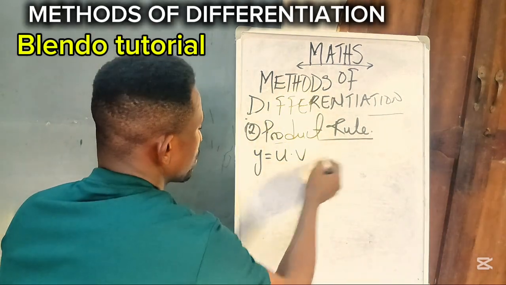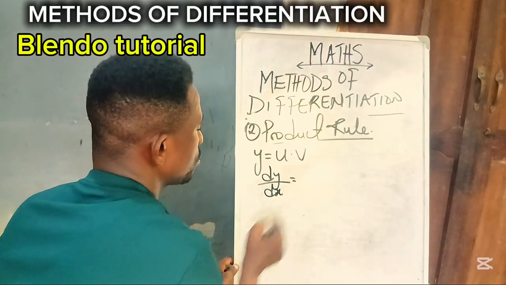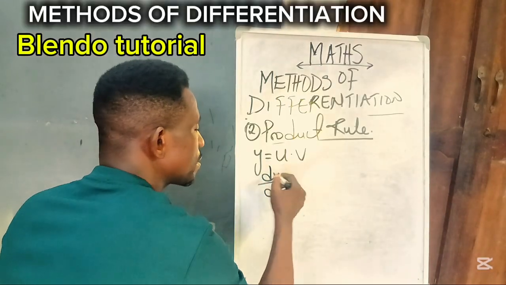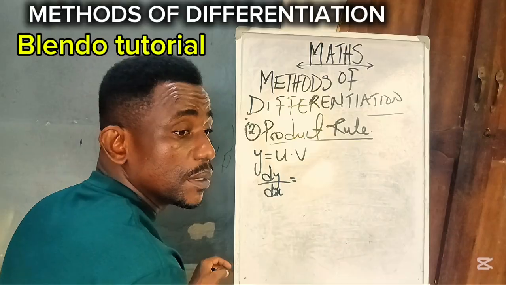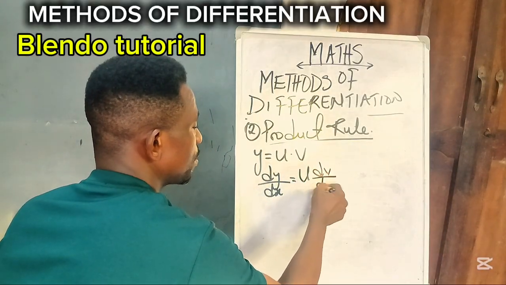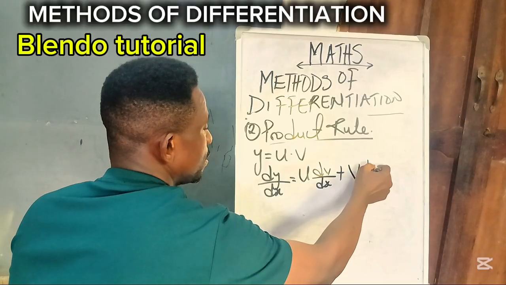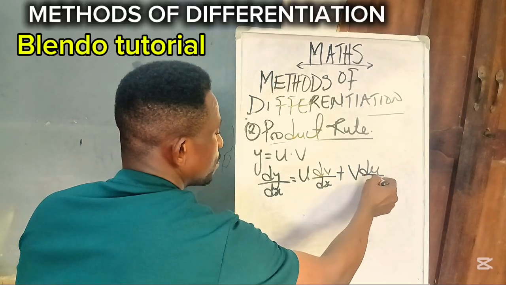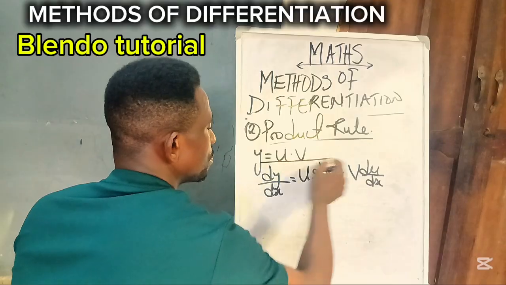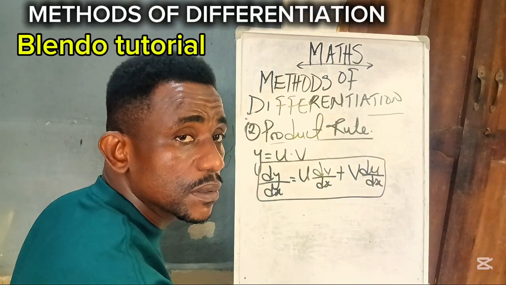For example, we say dy/dx is equal to, you keep one constant, differentiate the other. Keep u constant, differentiate v with respect to x, plus keep v constant, differentiate u with respect to x. And that is product rule. Very simple. No stress.